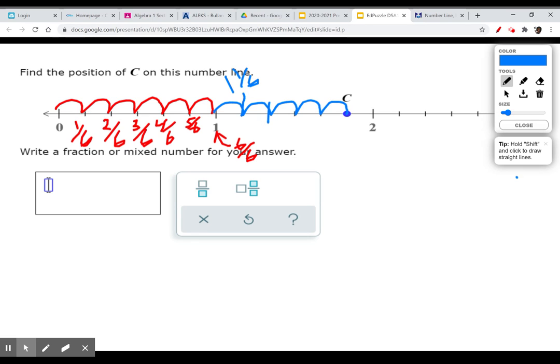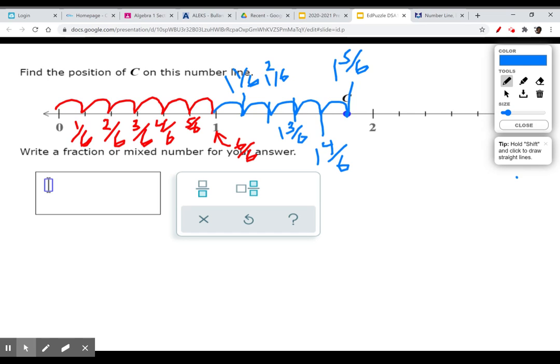Now I have 1 and 2/6. I'm running out of space. I'm going to put this down below. 1 and 3/6. 1 and 4/6. And here at C, we have 1 and 5 out of the 6.